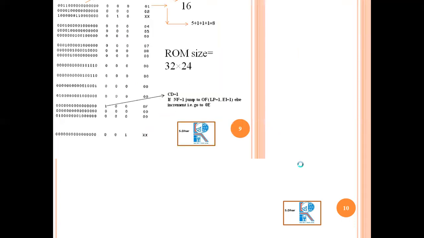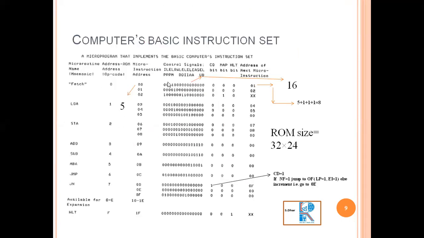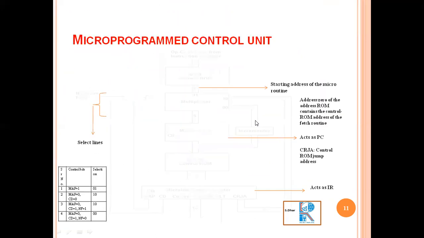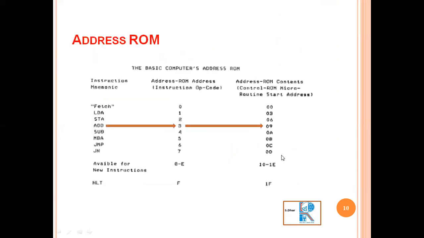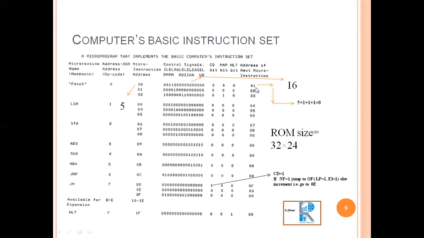That means this total content, starting from here to here, is stored in the particular register. Clear? This is the control bits, this is the CD bit, MAP bit, halt bit, and this is the CRJA, control ROM jump address.